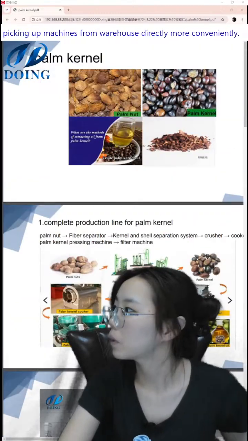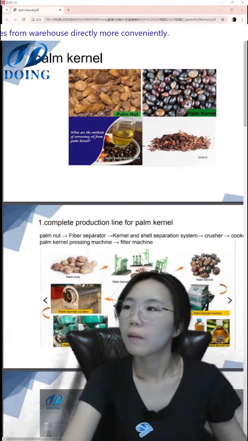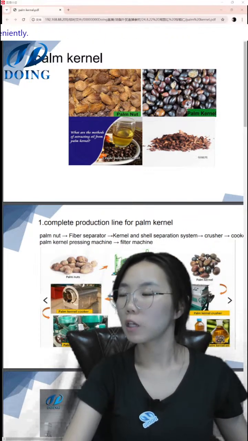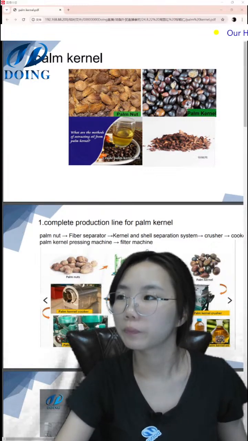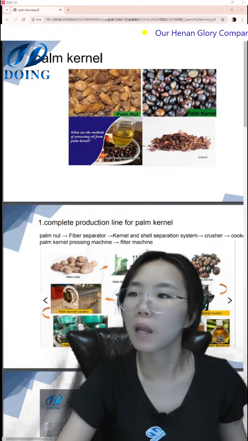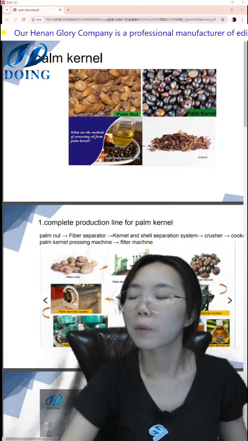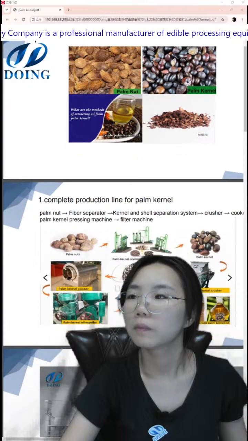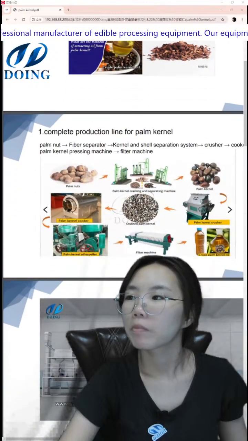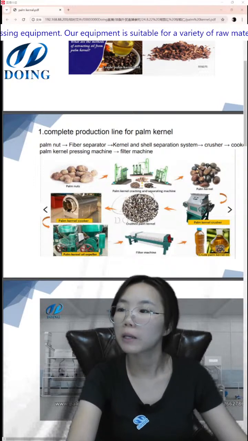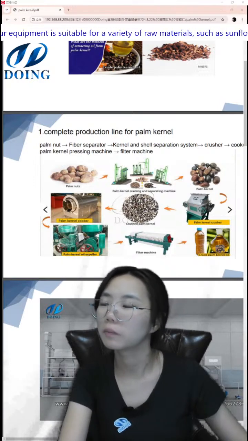Okay, let me introduce the palm kernel. This is the palm nut, and this is the palm kernel, and this is crude palm kernel oil. First, let me introduce the complete production line for palm kernel.